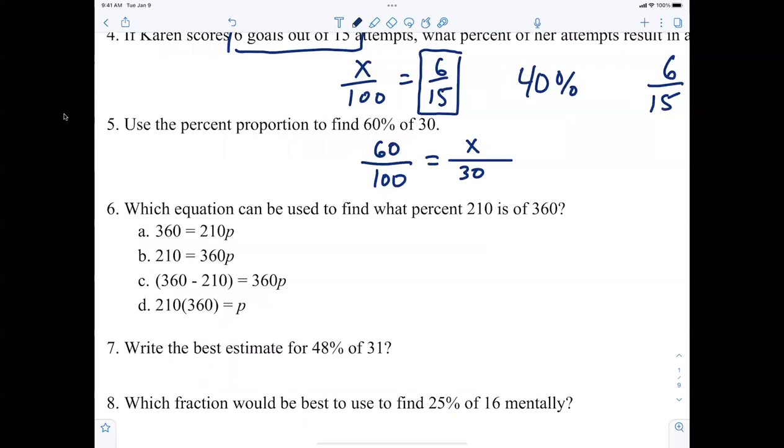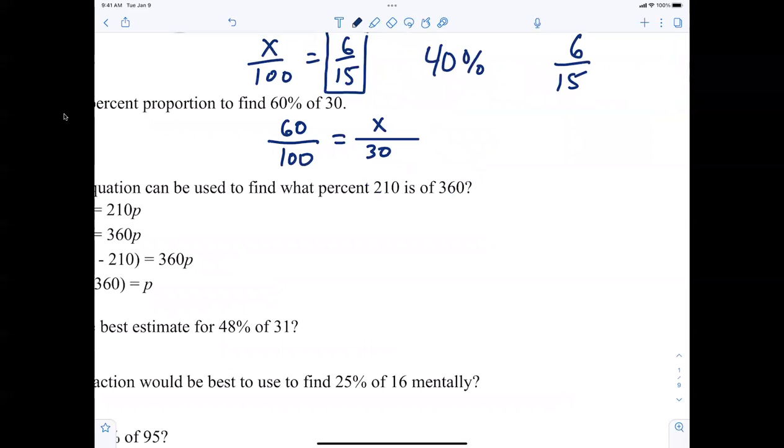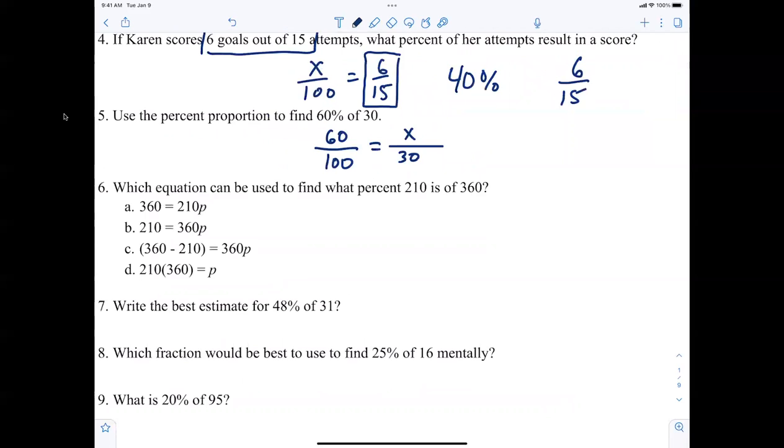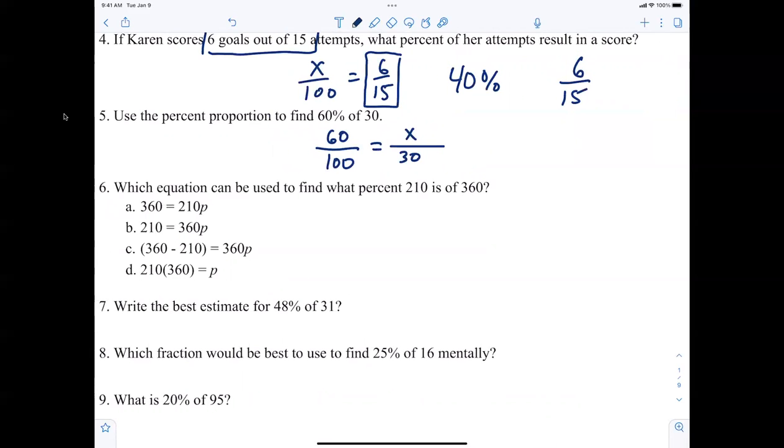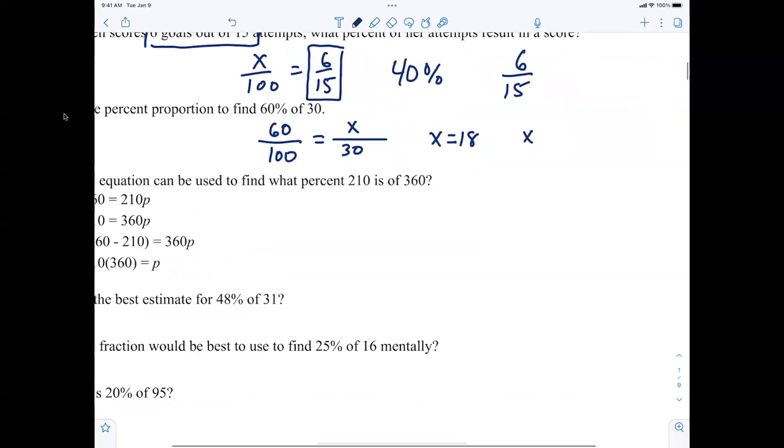And then that would be 18. I think it's 18. Everybody happy with 18? Yes. I didn't do it that way either. I just did X equals 60% times 30.